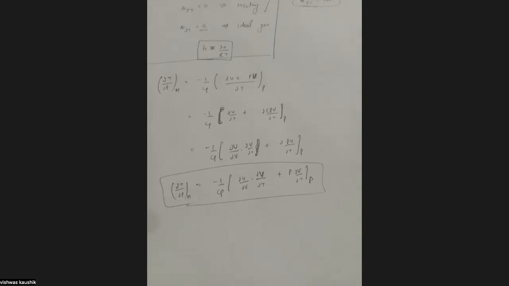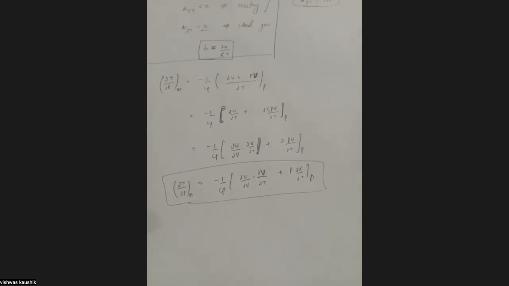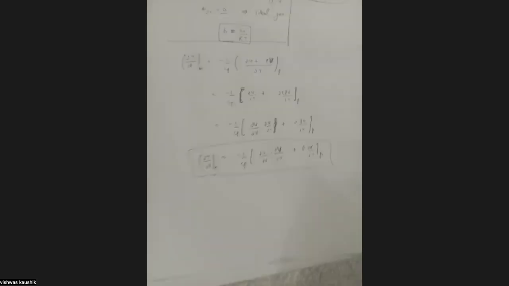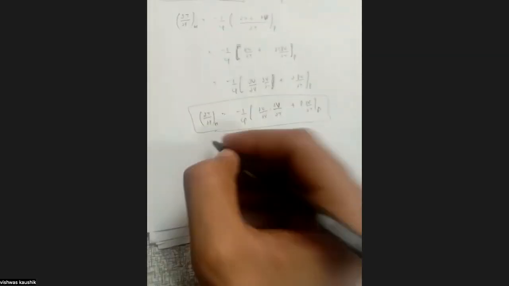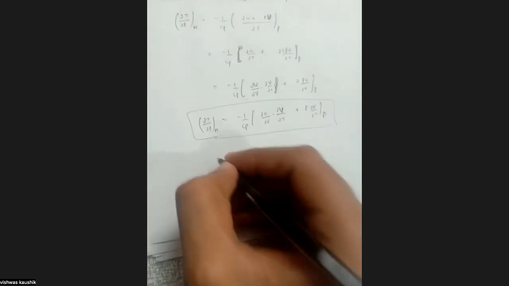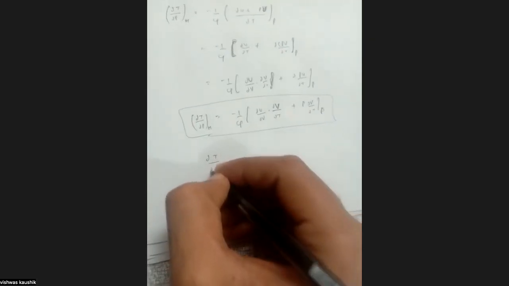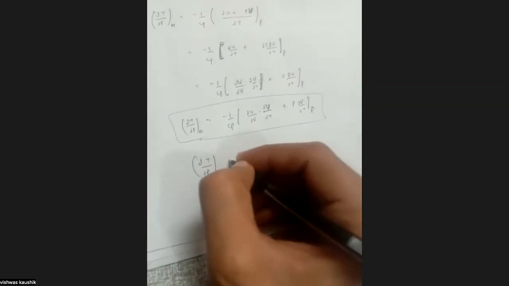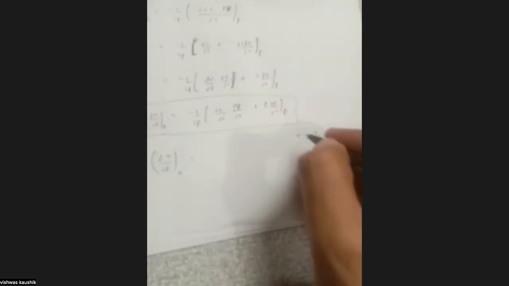And if the final temperature is less than the inversion temperature, then TF minus TI will be less than 0 and μJT will be positive, and there will be cooling. So inversion temperature is the temperature above and below which heating and cooling start. And if the temperature is equal to the inversion temperature, then there will be no heating or cooling.